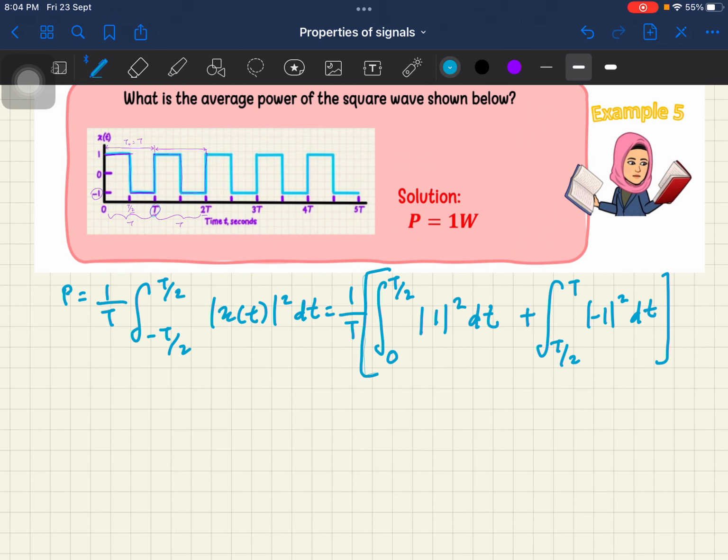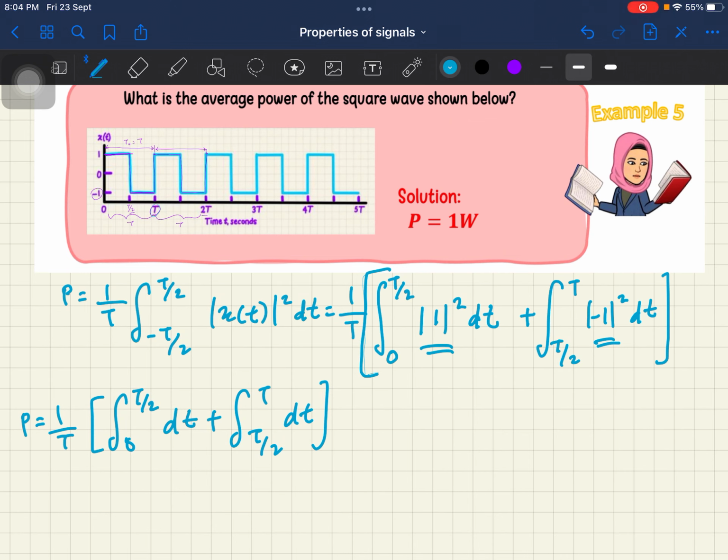Now P equals 1 over T. If we solve this part and this part, they are both 1, since 1 squared and minus 1 squared are both 1. So we are left with the integral from 0 to T over 2 of dt plus the integral from T over 2 to T of dt.